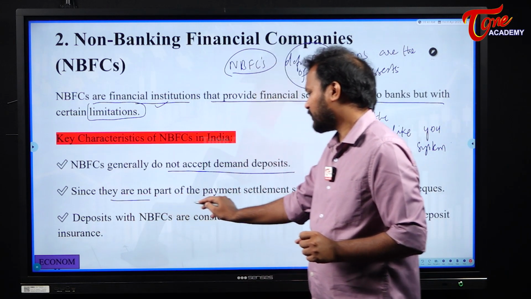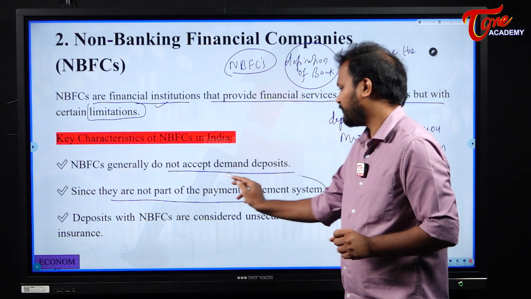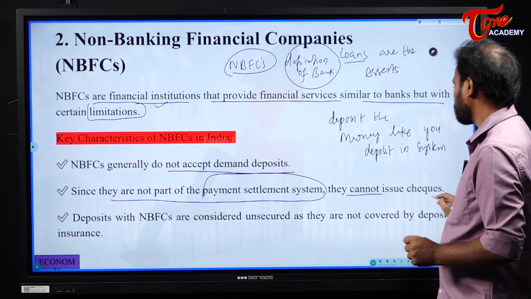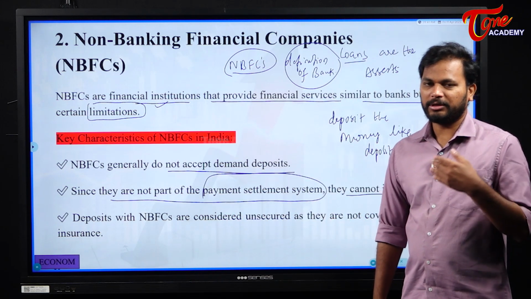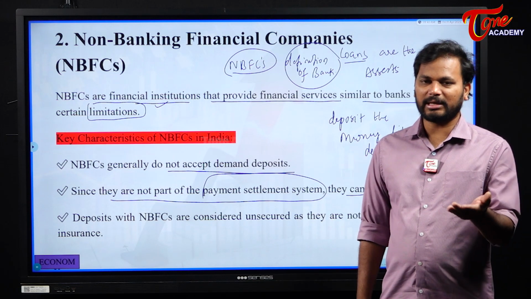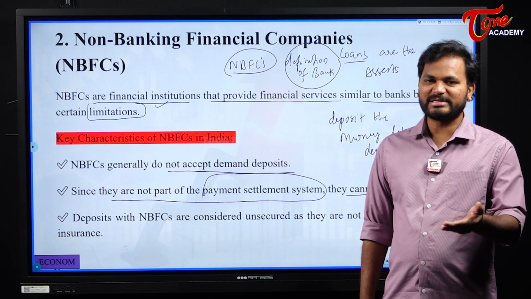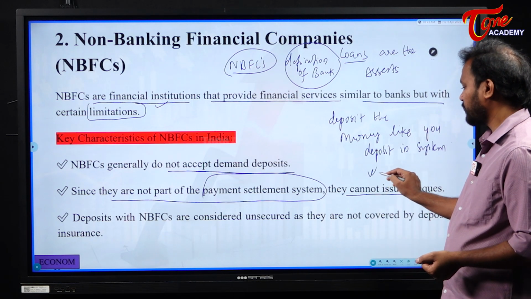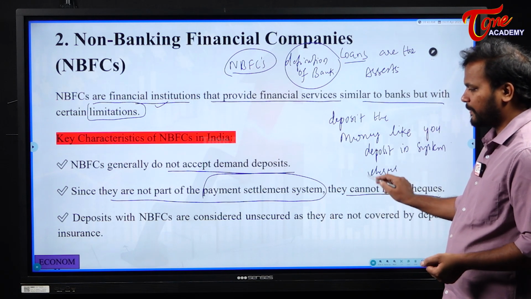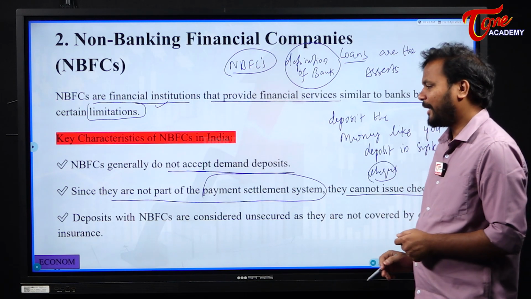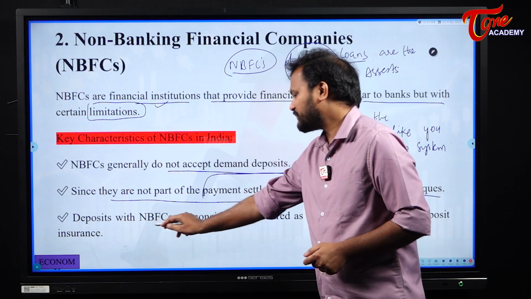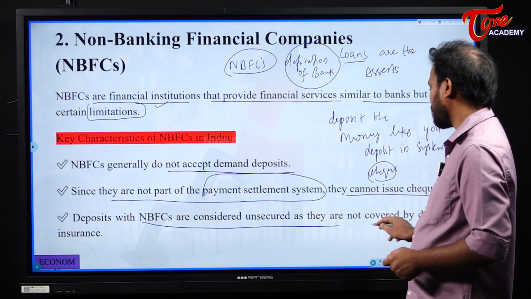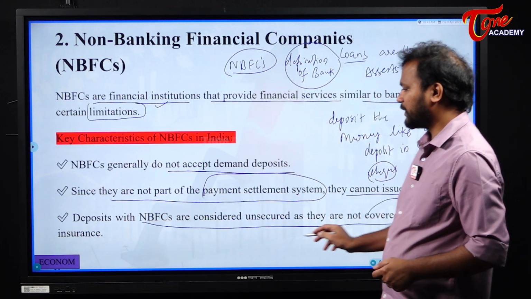Since they are not part of the payment settlement system, they cannot issue checks. When there are no deposits accepted, obviously the facility of the check also will not be present. And deposits with NBFCs are considered unsecured as they are not covered by deposit insurance.